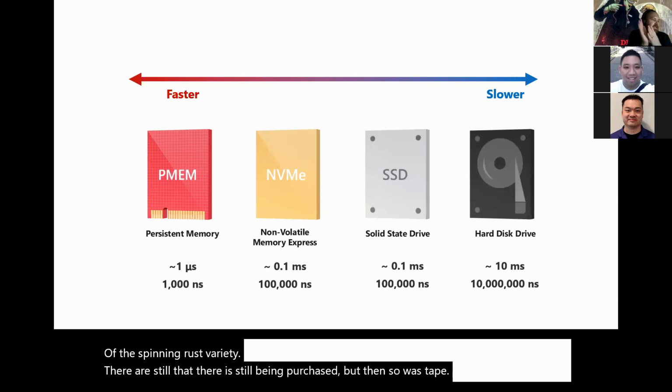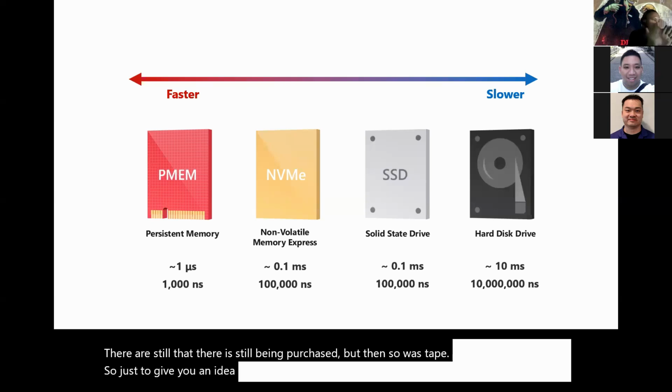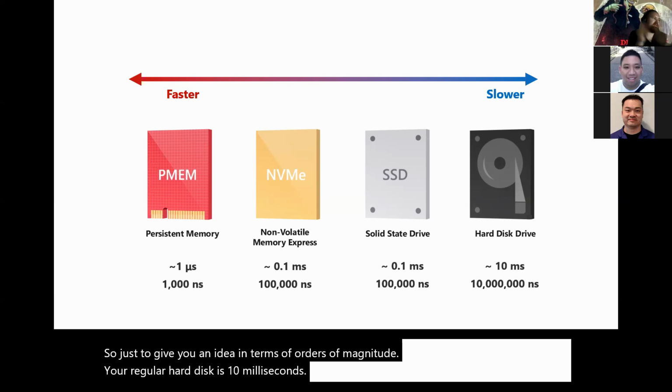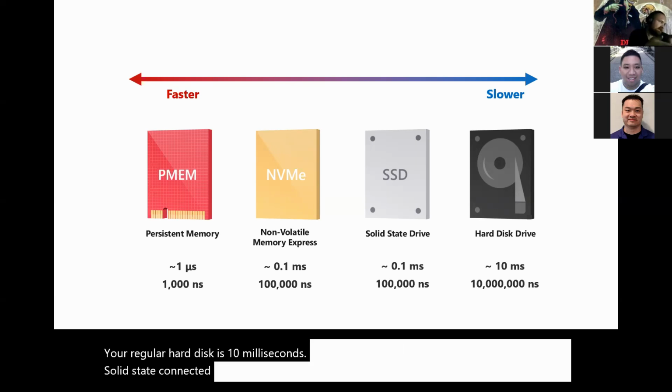So just to give you an idea in terms of orders of magnitude, your regular hard disk is 10 milliseconds. Solid state connected via, say, SAS is down to 0.1 of a millisecond.